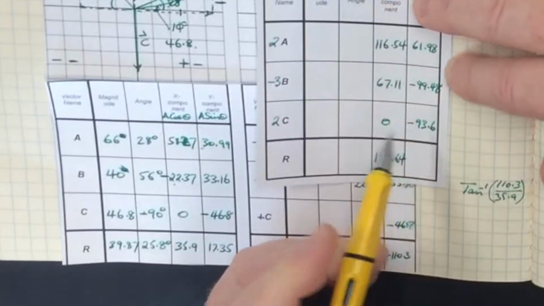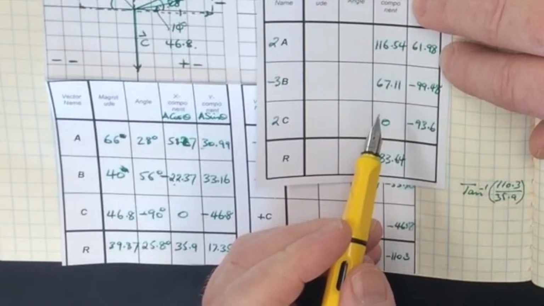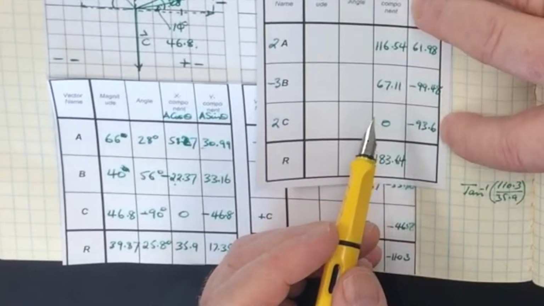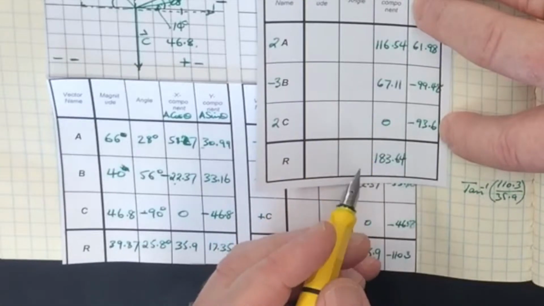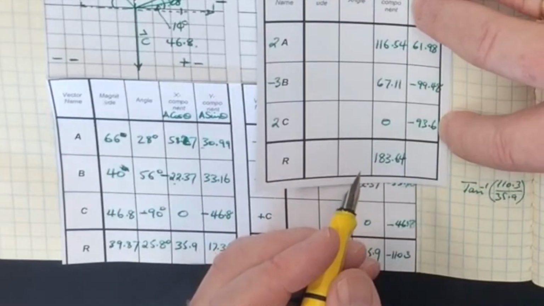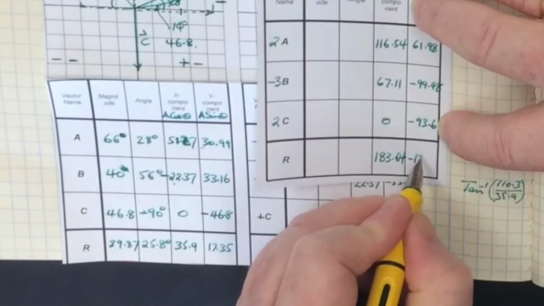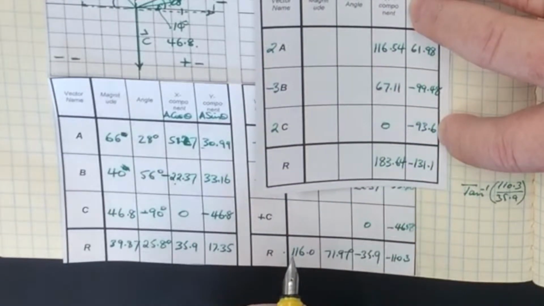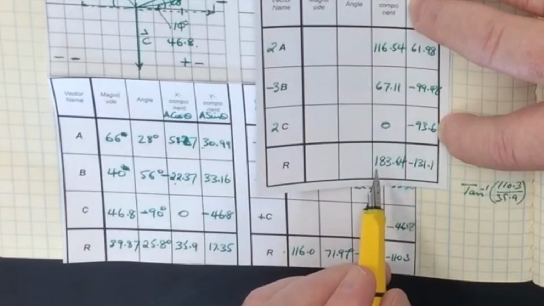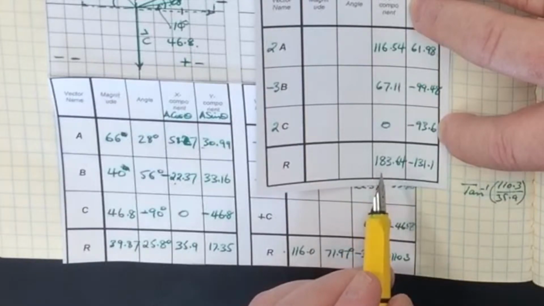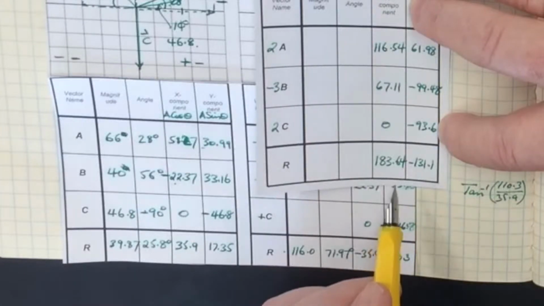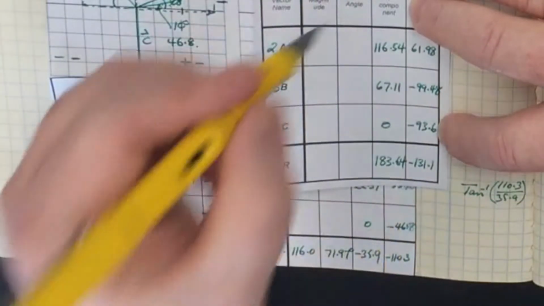And then I'm going to add up these ones, which is 61.98 minus 99.48 minus 93.6, which is minus 131.1. Now the question is, where is this going to be? Well, I can ask myself the question easily by saying the x component is positive, the y component is negative, therefore it's going to be in the 4th quadrant.